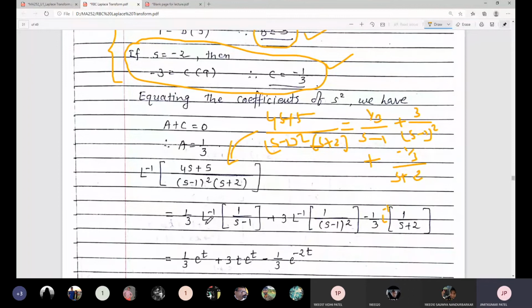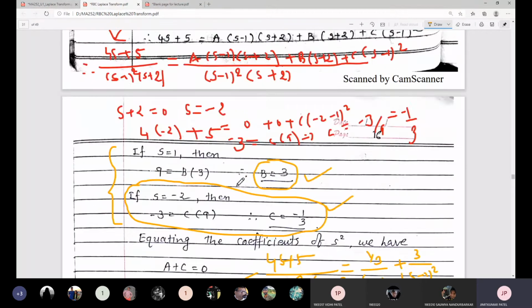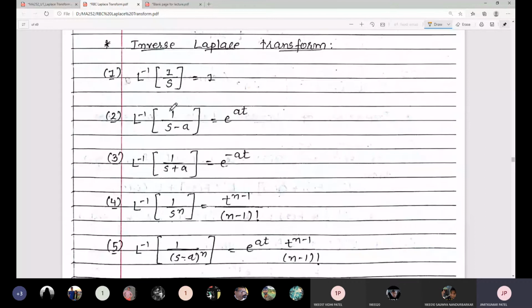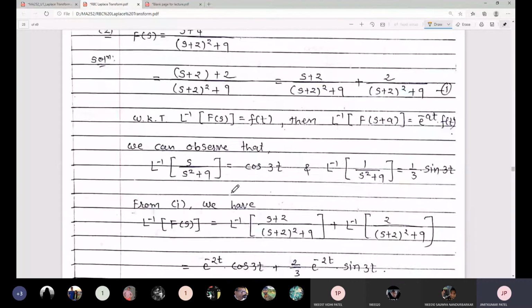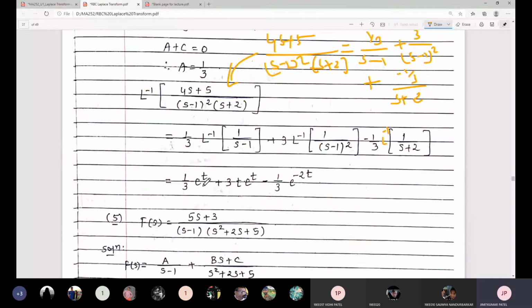Now Laplace inverse of 1 upon s minus 1 will be e raised to t, because we have the formula: Laplace inverse of 1 upon s minus a is e raised to at. Here a is equal to 1. So 1 by 3 e raised to t is the answer for the first term.